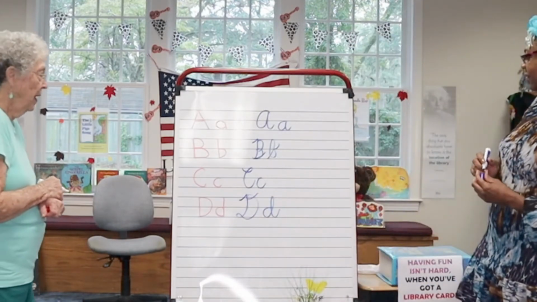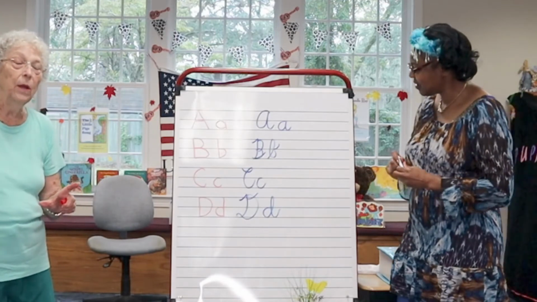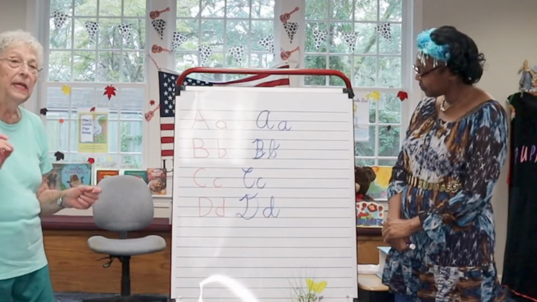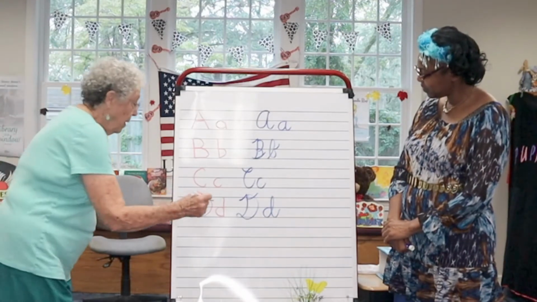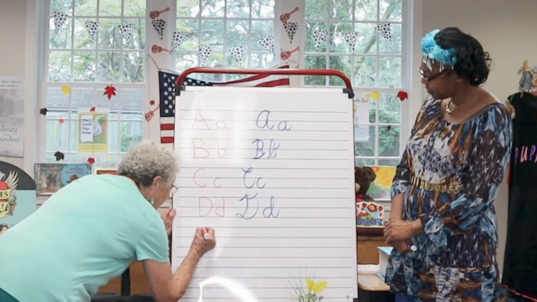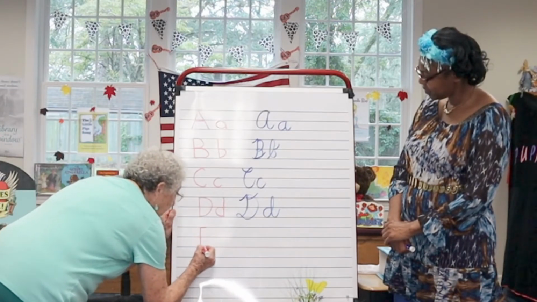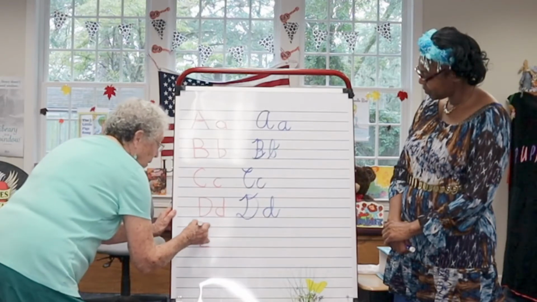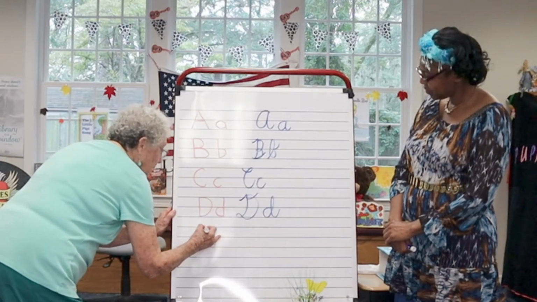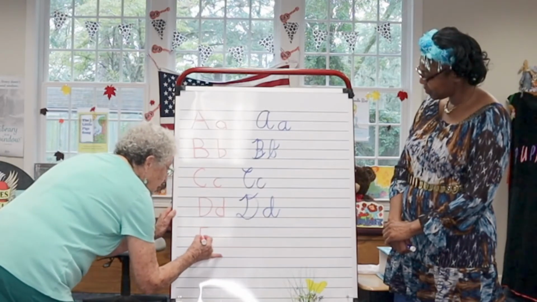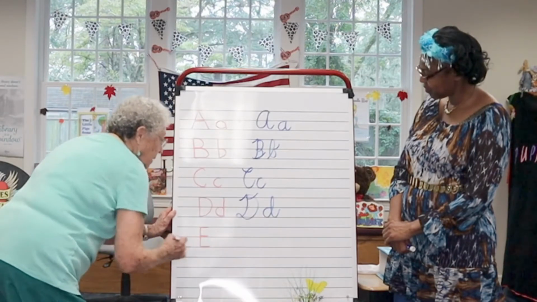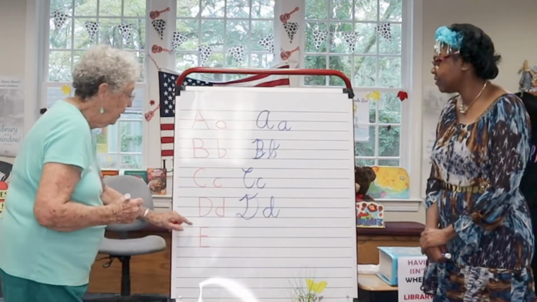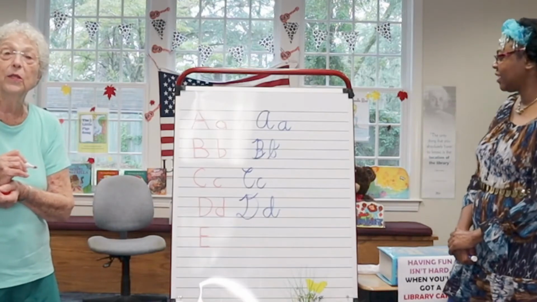Very good. And our last letter that we're going to do today is an E. A capital E. Okay, we have a vertical line, a horizontal line, a horizontal line, and a horizontal line. So we have one vertical with three little horizontal lines going on.